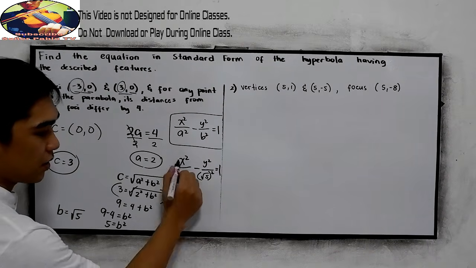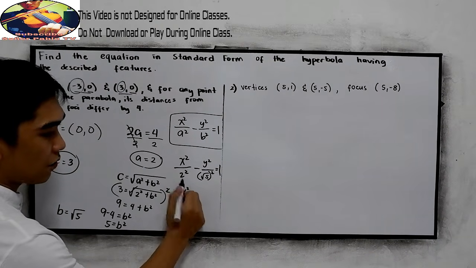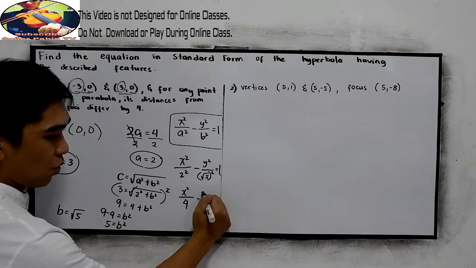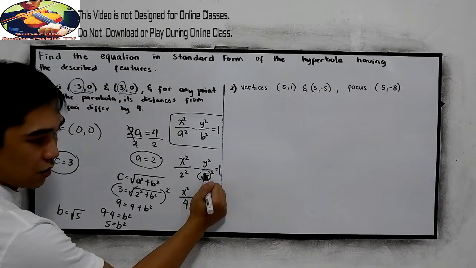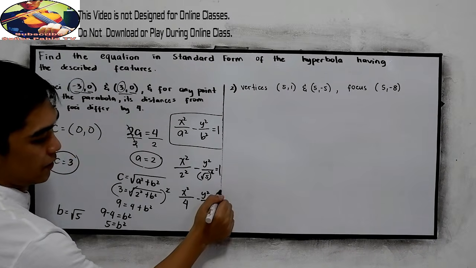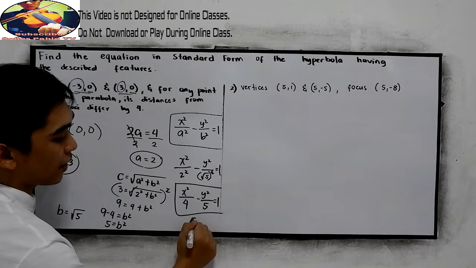So we have x squared over 2 squared, 4, minus y squared all over, so we cancelled out, 5, is equal to 1. And now our standard form.